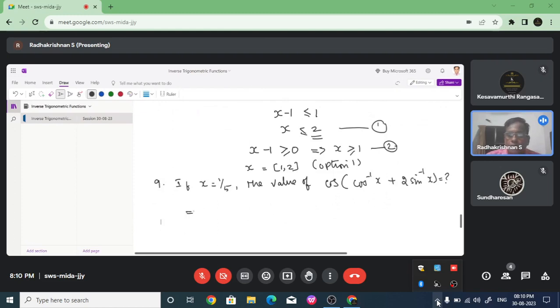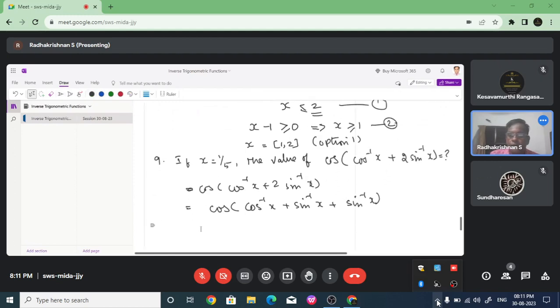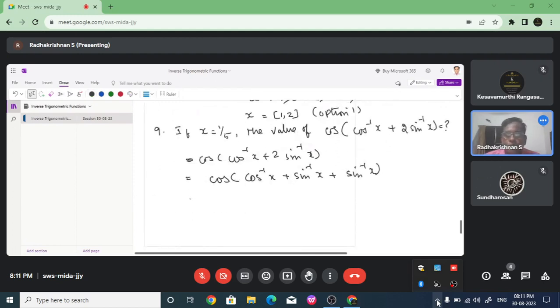So the given expression cos inverse x plus 2 sine inverse x is equal to cos inverse x plus sine inverse x plus sine inverse x. Good. So that becomes cos of, so this is pi by 2, right?